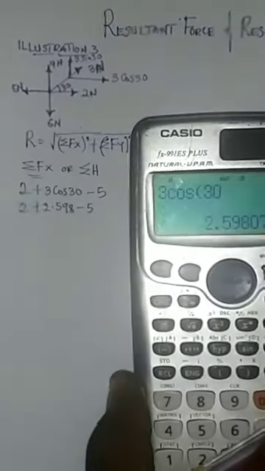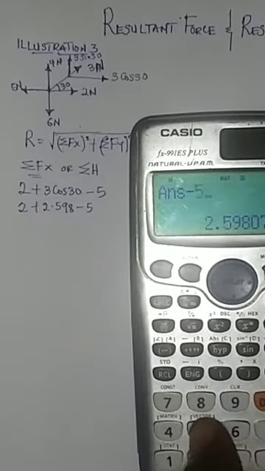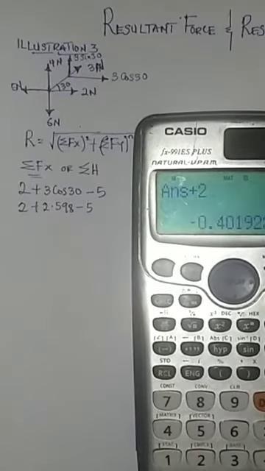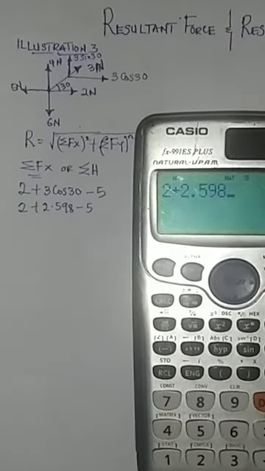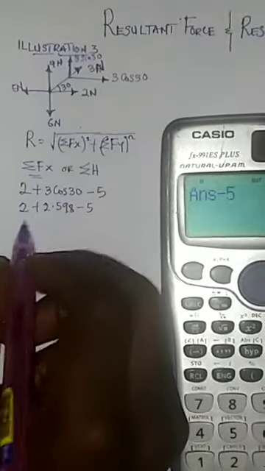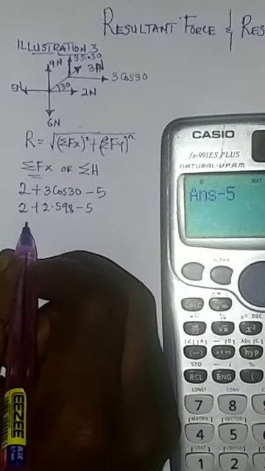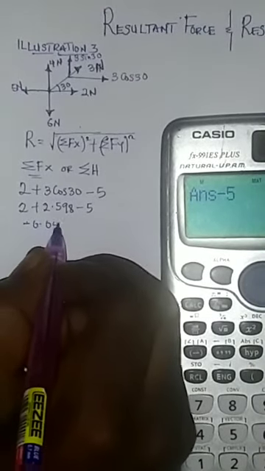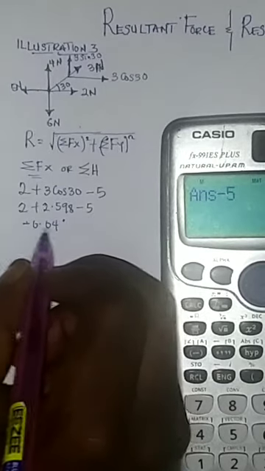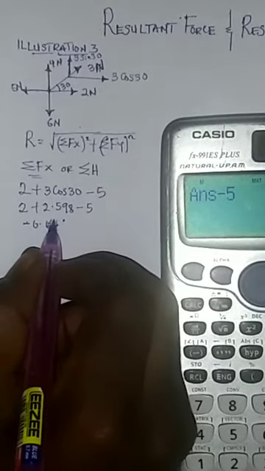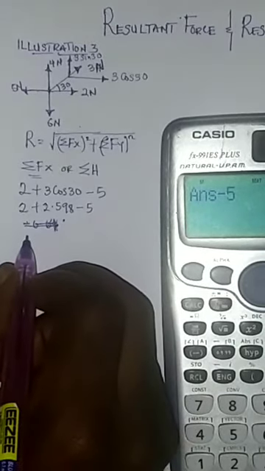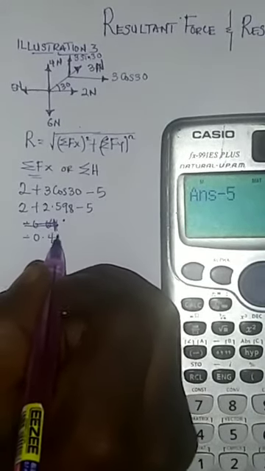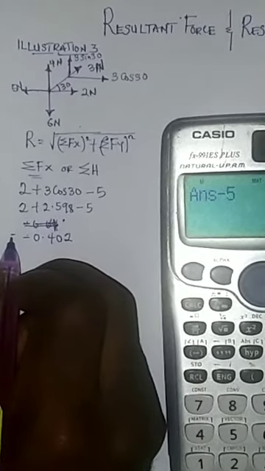If I subtract 5 and add 2, I'm having minus 0.402. Let me write it very well. That'll give me minus 0.402. That's what we're having here, right?